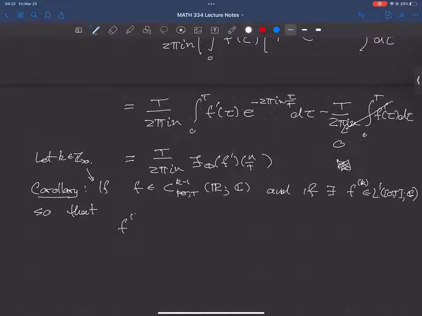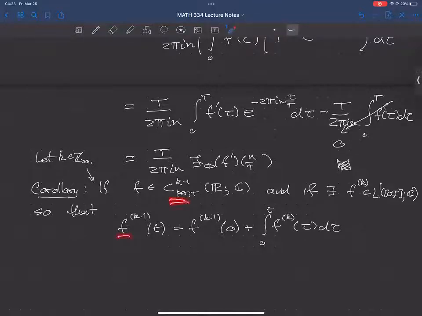the k minus first derivative of f, which I know is a continuous function, is f^(k-1)(t) = f^(k-1)(0) plus the integral from 0 to t of f_k(tau) d tau. This is the same kind of formula that I wrote above, but now I'm using higher derivatives.